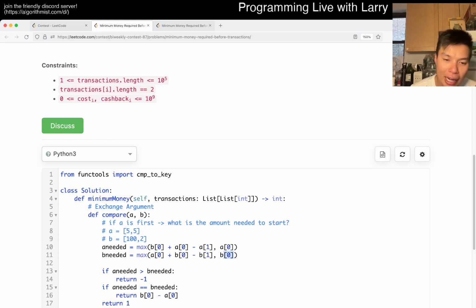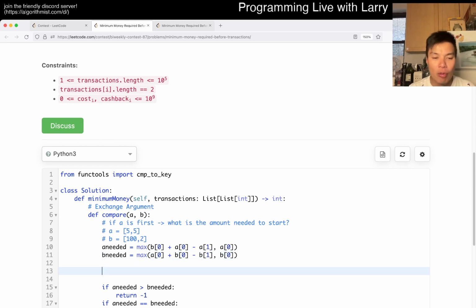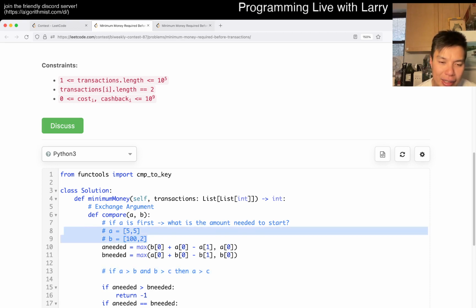So this is the part that I ran into an issue with, is that this is not transitive, right? What I mean by transitive is that if A is greater than B and B is greater than C, then A is greater than C. Because the problem is that in something like this, both A needed and B needed are both 100, so they're both equal.